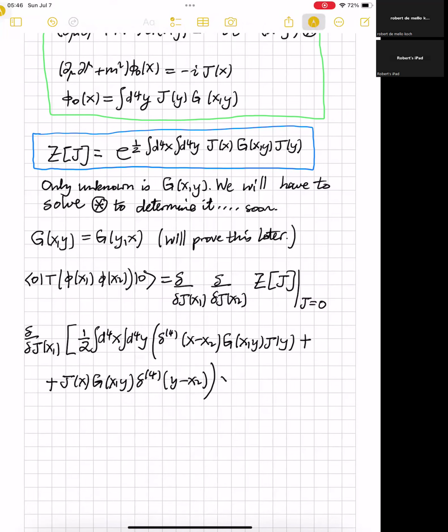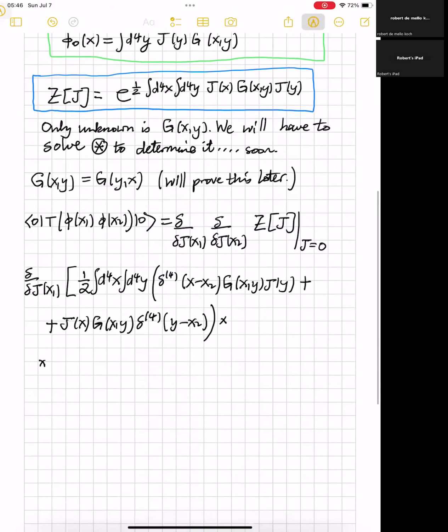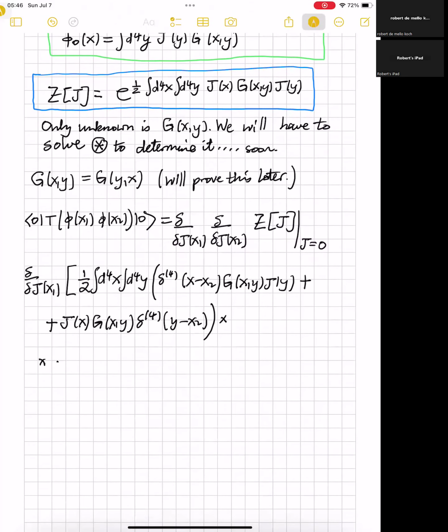Let me space this out a little so that we don't get a formula that looks too cluttered. We'll have e to the 1/2. I don't want to call my integration variables in the exponent x and y again, because I don't want to mix them up with this xy integral down the bottom. So let me call this dx prime dy prime.